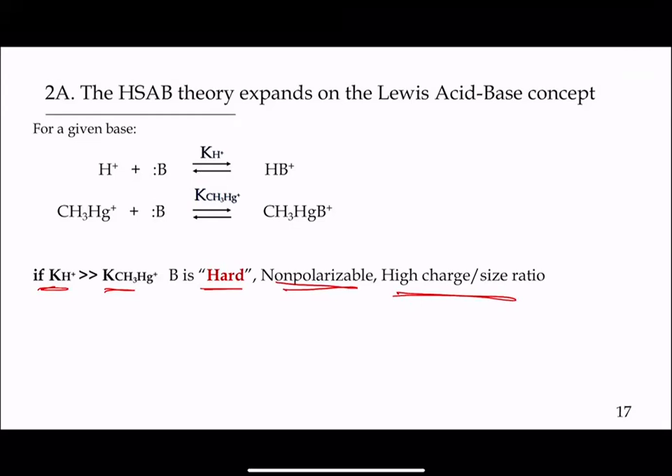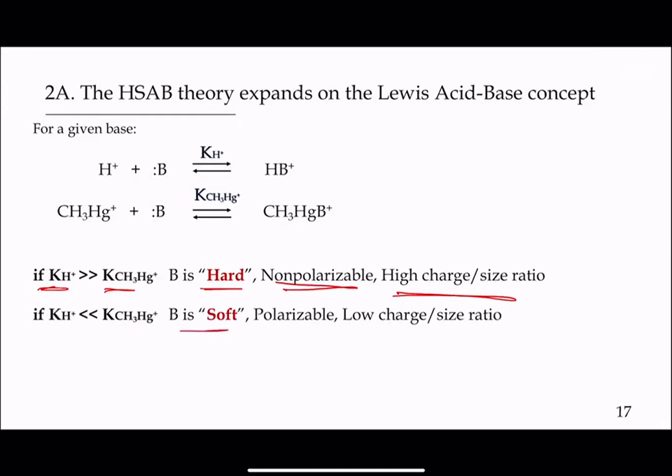These are factors that are implicit with the definition of the category hard. But if the affinity to the methyl mercury is much, much higher than the proton, then in that case the base would be soft. So basically, anything is considered soft if it's polarizable and has a low charge to size ratio.